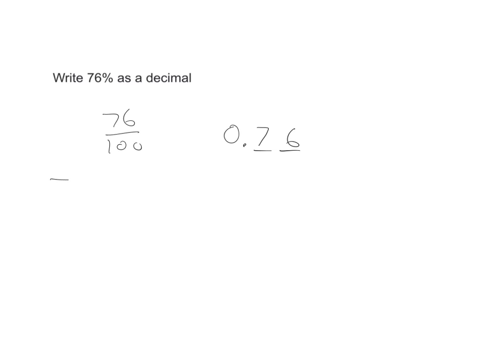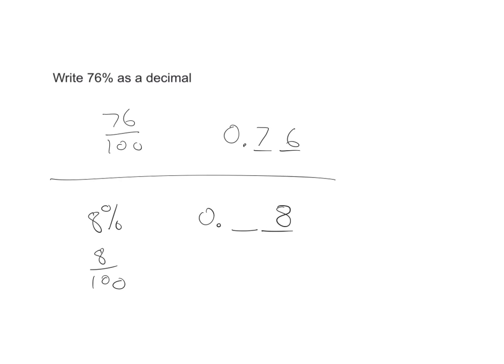Just to show you one other thing, let's say, for example, you had 8%. How would you write that as a decimal? Well, that means 8 out of 100. So it would be 0 decimal, here's tenths, here's hundredths. So the 8 would actually go in the hundredths spot, and you would fill the tenths with a 0.